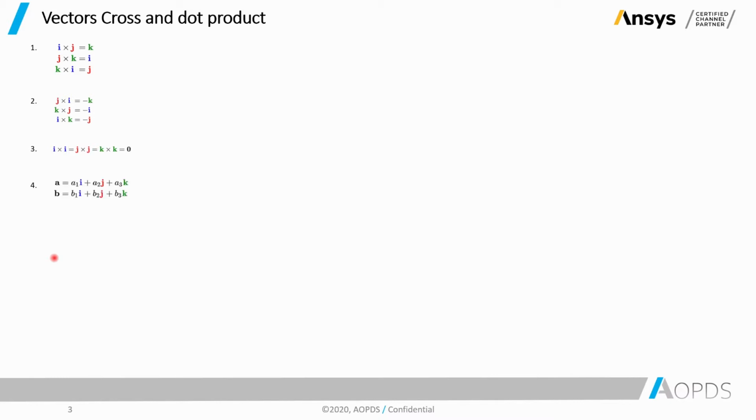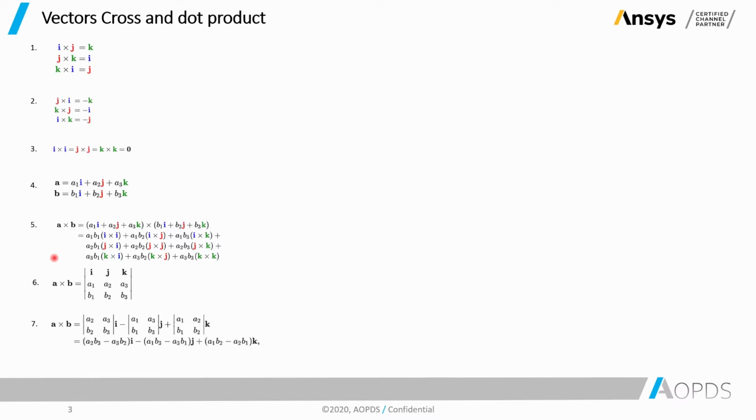Let's say we have two vectors, vector A and vector B, with the components A1, A2, A3, and B1, B2, and B3. Then the cross of these two vectors, A cross B, can be calculated with this formula, or simply as the determinant of the unit vectors and vector A and vector B. And this determinant can be calculated with this formula.